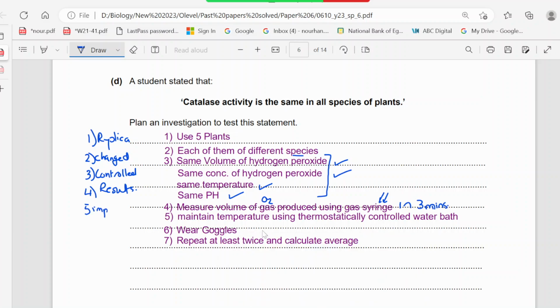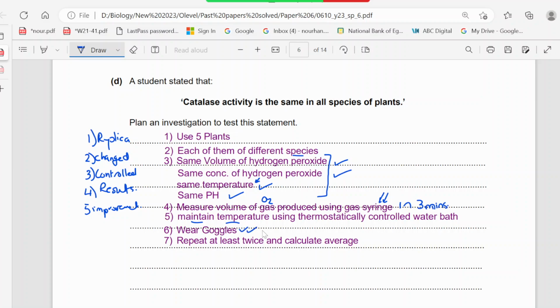Number 5 write an improvement. ايه الامبروفمنت اللي انا ممكن اعمله في الاكسبيرمنت to get better results؟ Since you will have same temperature, you have to maintain the temperature using thermostatically controlled water bath so that the temperature remains as it is. أنا مثلا عايزاها 35 degrees, it will remain at 35 degrees, it will not cool down.